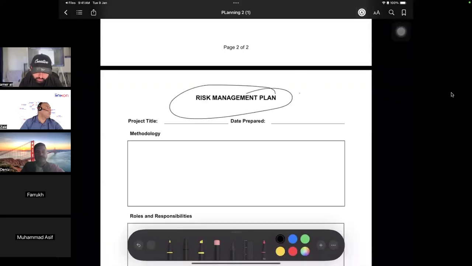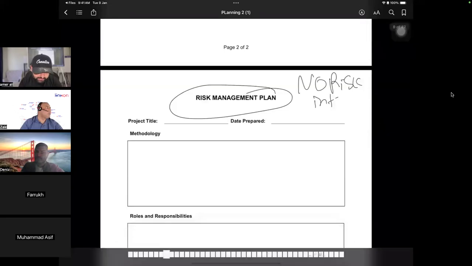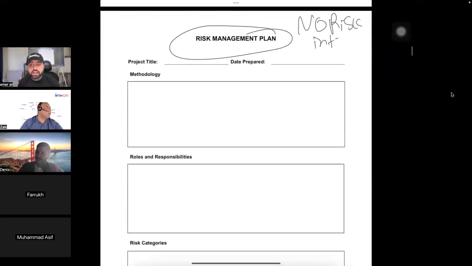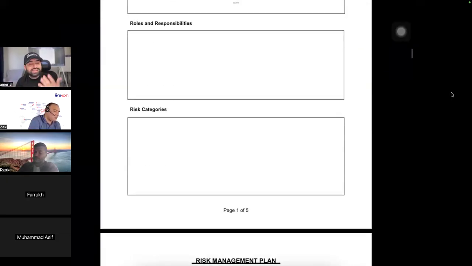It does not have risk in it. What does it have? It defines the methodology, how you are going to identify the risk, who has roles and responsibilities, how you are going to categorize the risk. Are they political risk, economical risk, social risk, technical risk? It will have that.